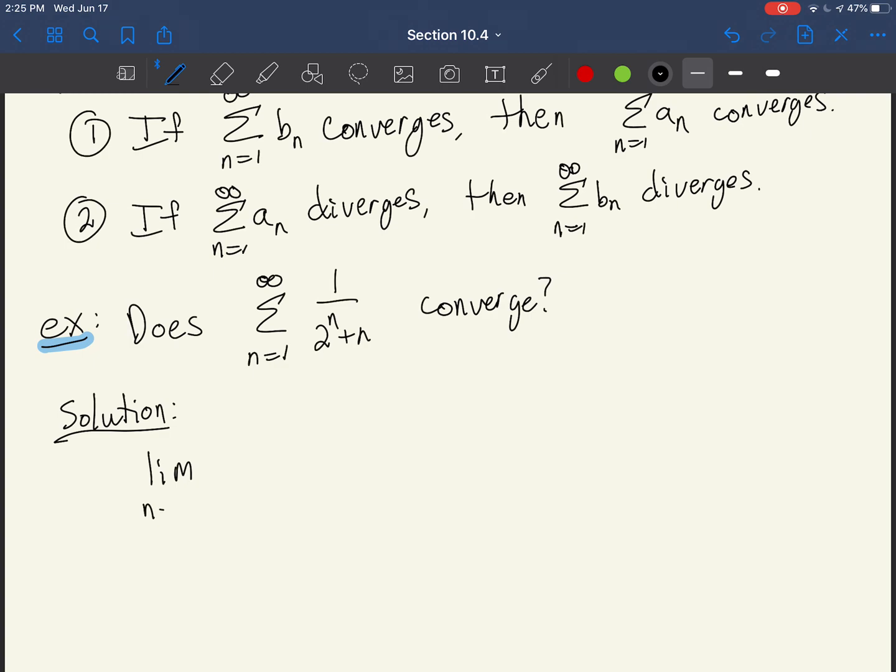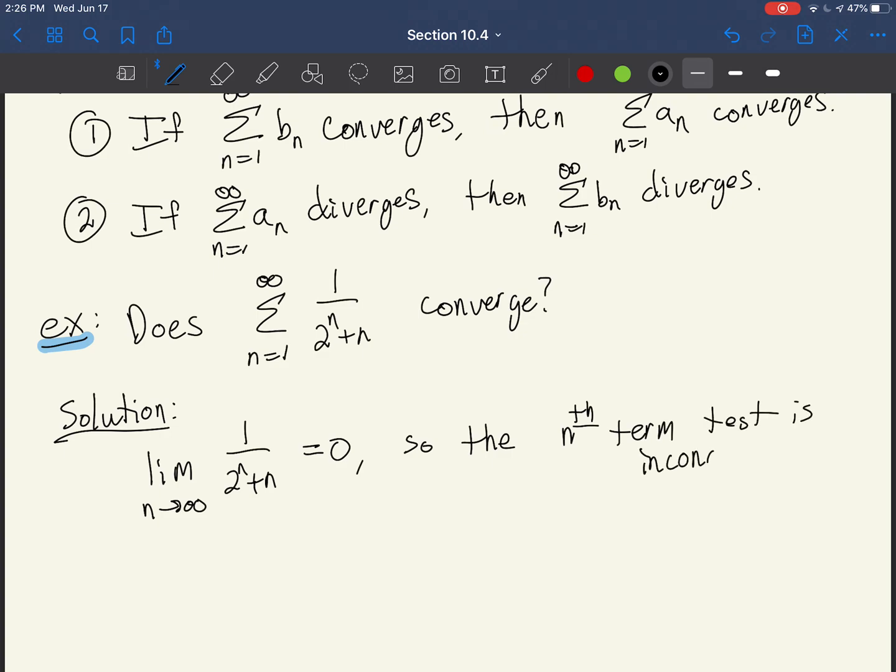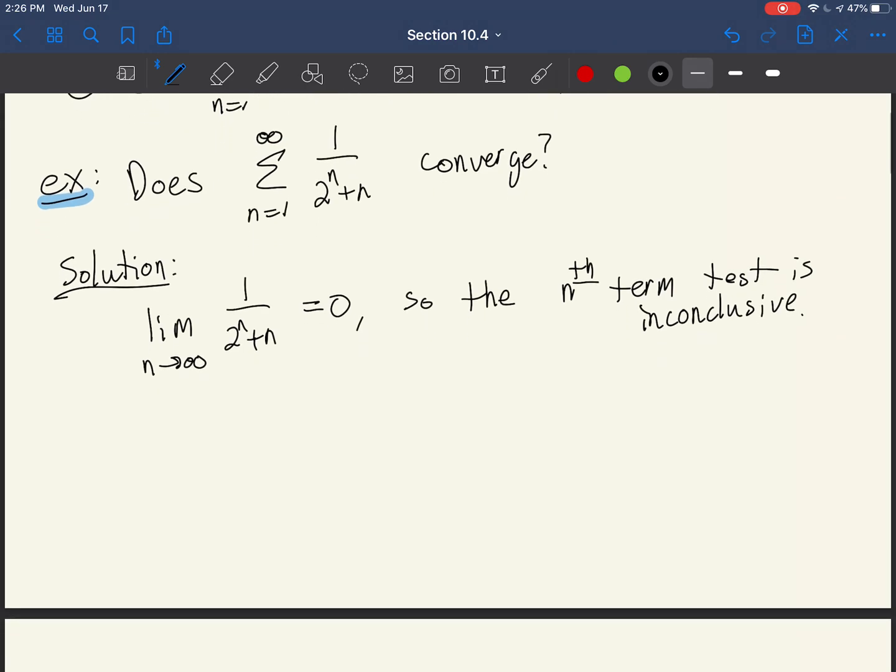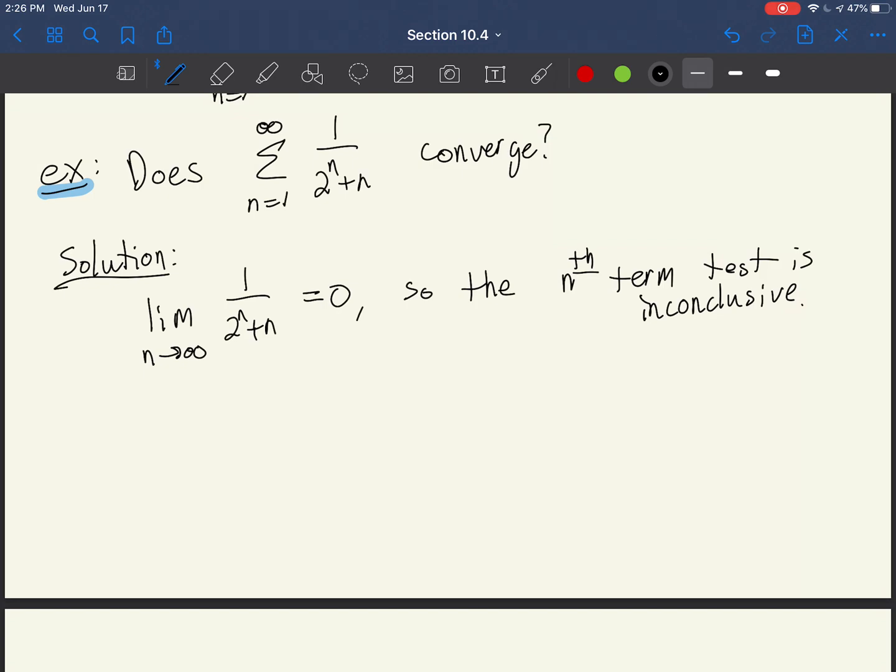We do the nth term test for divergence. The limit as n goes to infinity of 1 over 2 to the n plus n equals 0. So the nth term test is inconclusive. We then look at this.